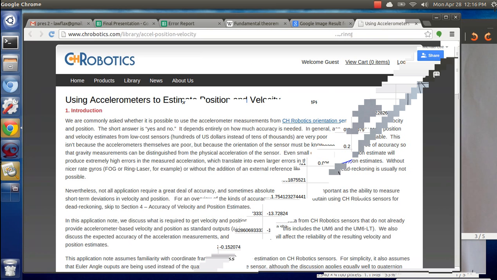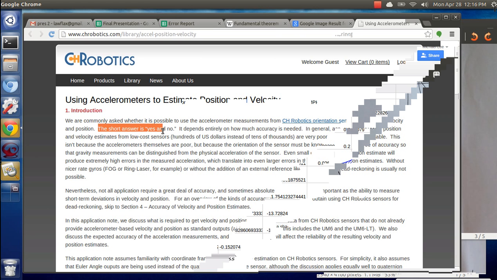One article that I found really helpful was this one by CH Robotics, and they basically answer a lot of questions, like whether using an accelerometer is a good way to estimate position and velocity. And I like the answer that they share here.